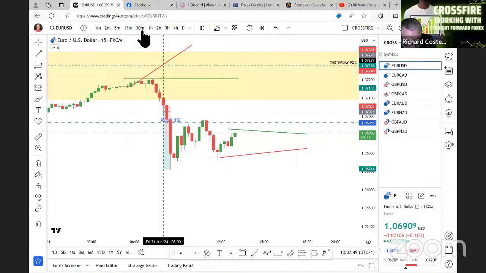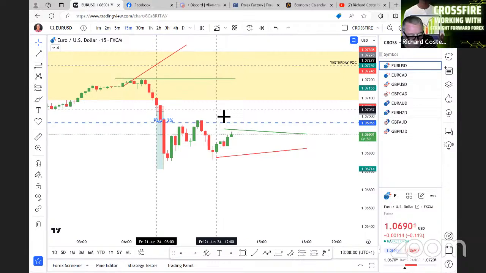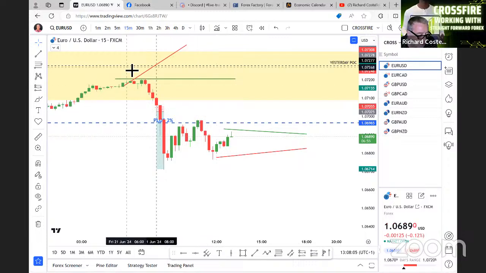So I'm going to go back to the chart, and we've got 8 minutes left before the 1 o'clock candle closes. What I'm going to do in a minute is just have a look back at what happened this morning. So I'm going to drop down to the 2-minute chart.